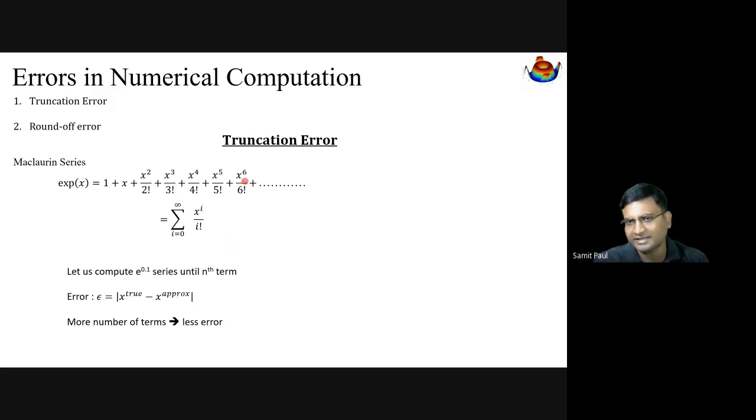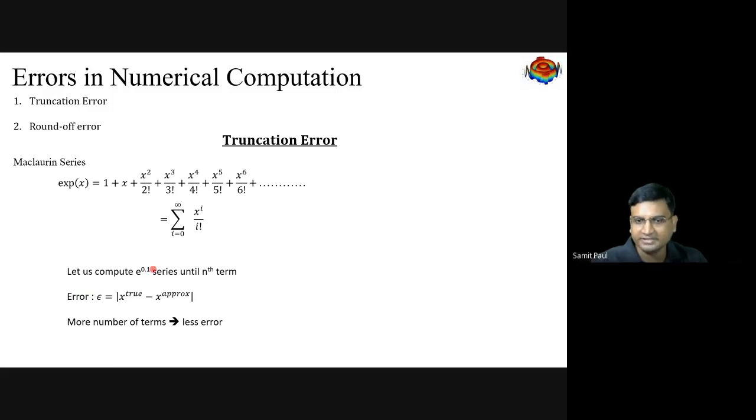That means if we truncate the series at x to the power 6, then the true value is the actual value, and the approximate value is the value calculated by adding the terms up to x to the power of 6. The absolute difference between them is what is called error, and this error is called the truncation error.